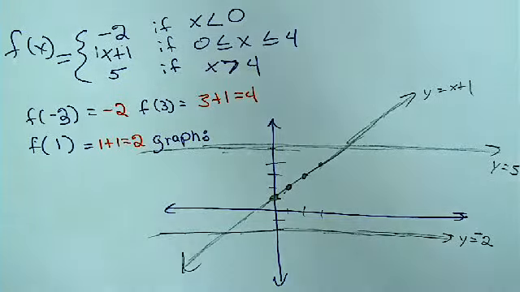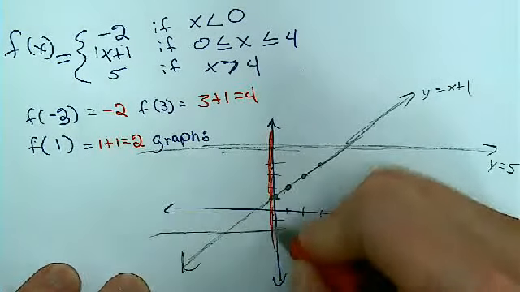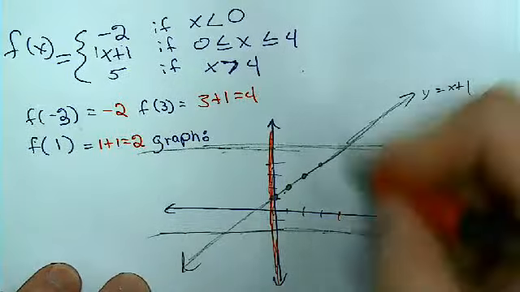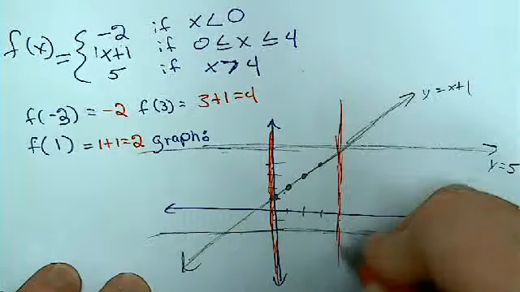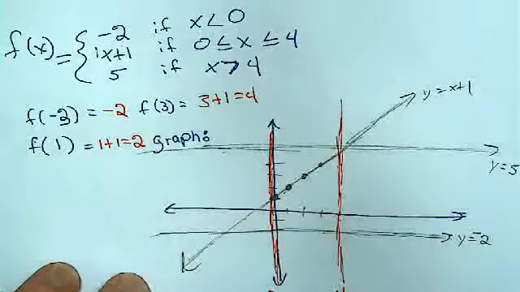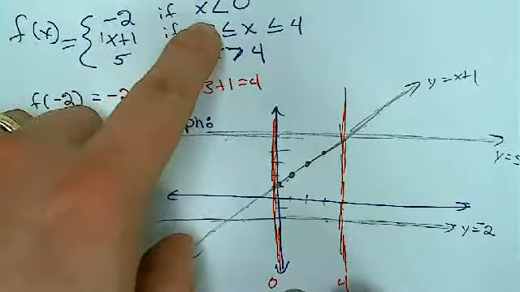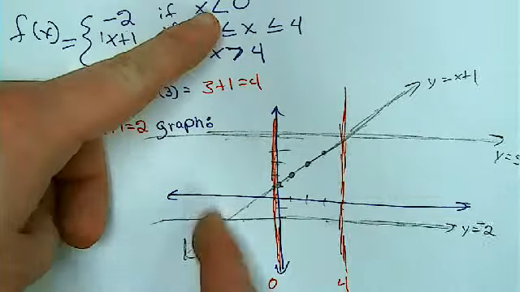The last thing I'm going to mark are my borders. 0 is a border. And 4 is a border. If I'm talking less than 0, so before this first border, which of the three functions do I use?